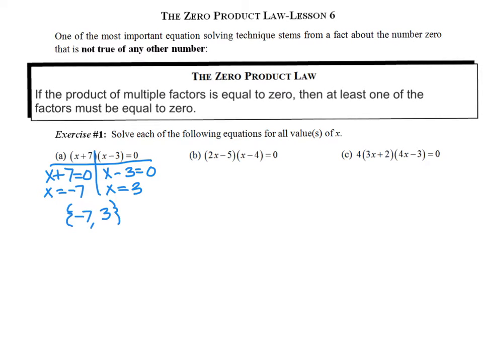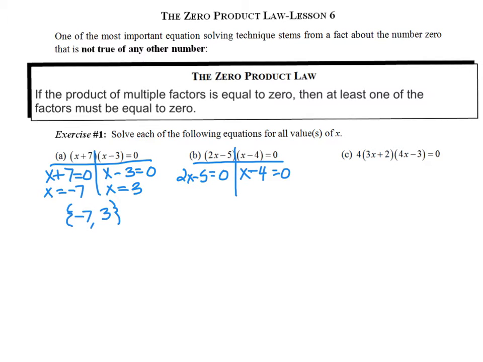If you go ahead and substitute either of those back into the original equation, you'll see that you will get a product of 0. So let's go ahead in part B and make our T-bar because again I have a product equal to 0. So that tells me that either 2x minus 5 must equal 0 or x minus 4 must equal 0.